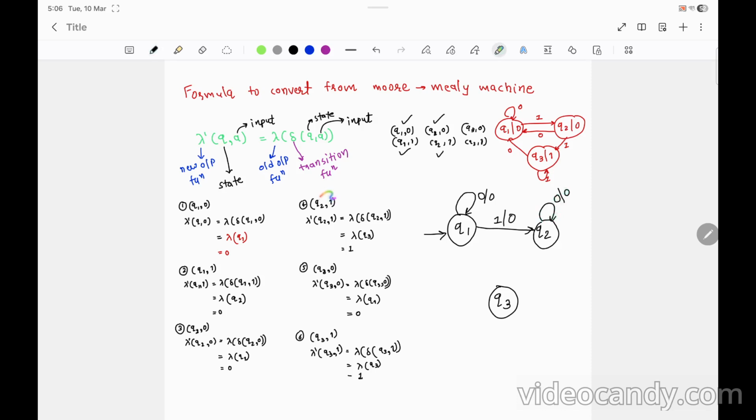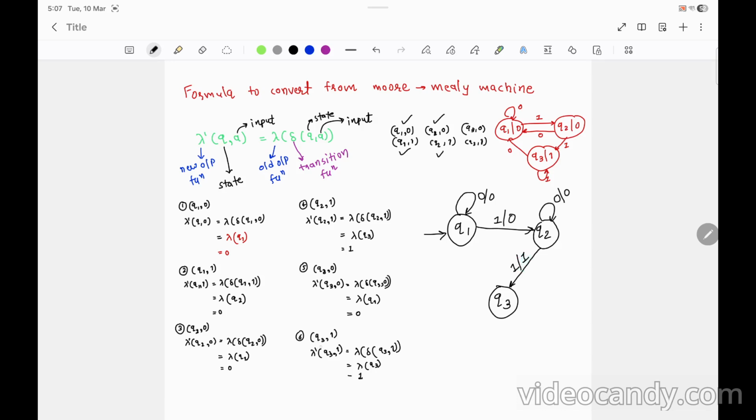Now, if we give Q2 the input 1, we go to state Q3 with output 1.